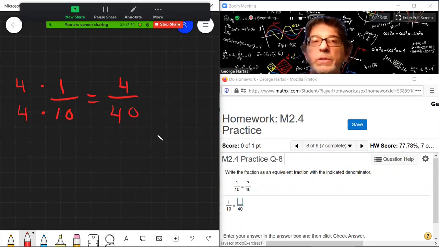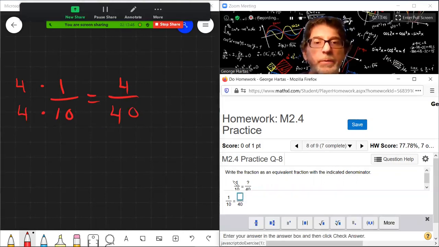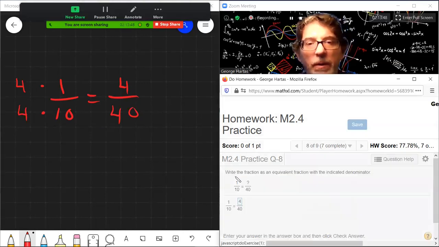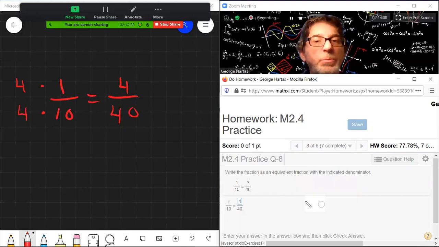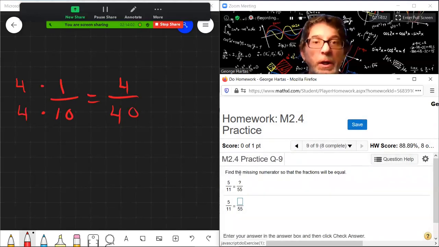And there it is. 4 over 40 is the same as 1 over 10. This is just a reduced version of this. So you can call this building up a fraction, right? We're building it up. We're making it bigger. And there's a reason for that. And like I said, it's for adding and subtracting fractions with different denominators.